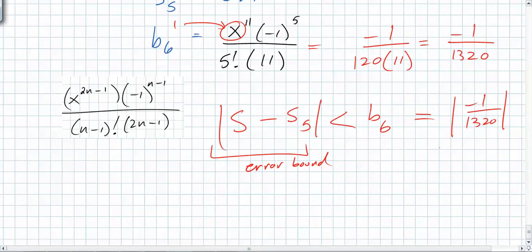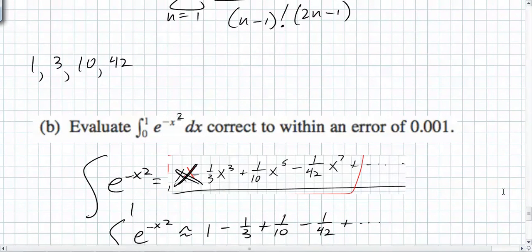And what is this? Well, we know that the error bound is therefore going to be less than 1 over 1,320, but you know that that right there is less than 1 over 1,000, right? Yeah. And what is 1 over 1,000? 0.001. And I think that was how far it wanted us to go. There it is. It wanted us to go past 0.001. Does that make sense? Yeah. So we are closer than 0.001.